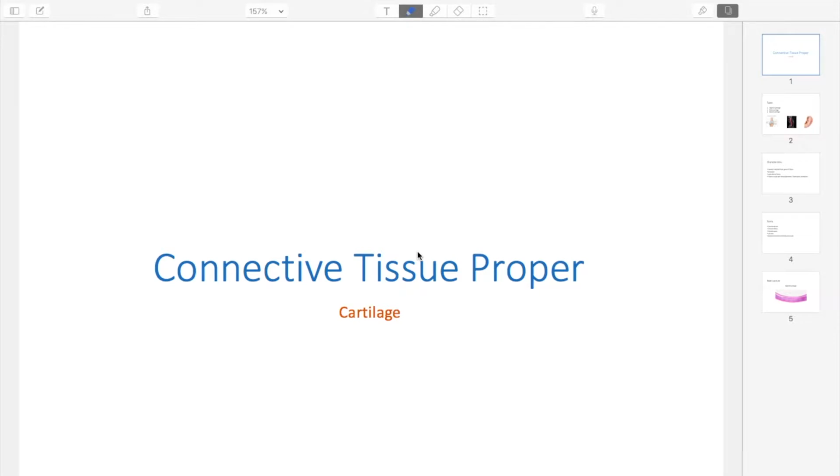Before I dive into today's topic, the cartilage term itself is very unique, and it is very important for us to understand the structure and function of cartilage to understand its overall function. So let's get started. Let me go to another slide.